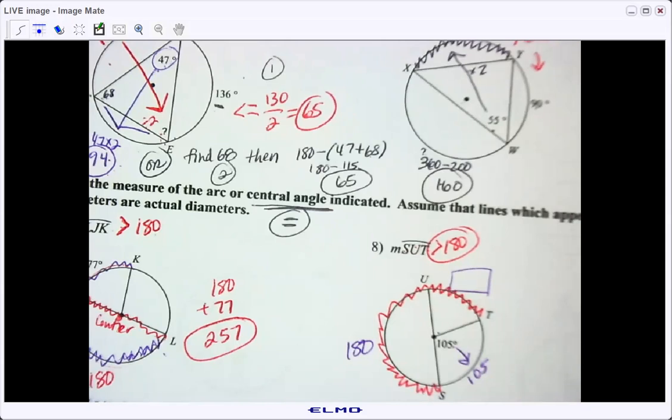Now, arc UT, being only 2 letters, is going to be smaller than 180. Thank you, George. You have the final answer. Good. How big is arc UT? Good. Nice. So far, everybody in the chat box has it correct.